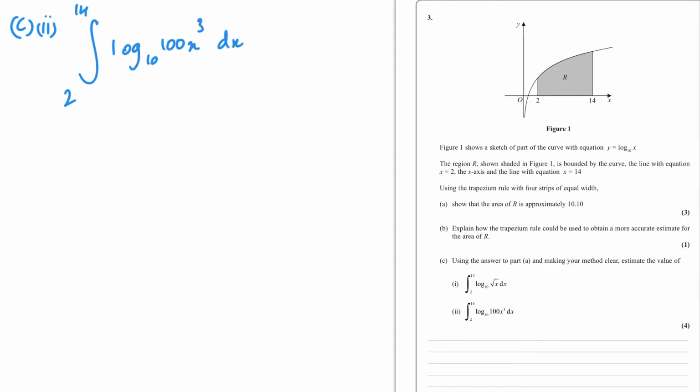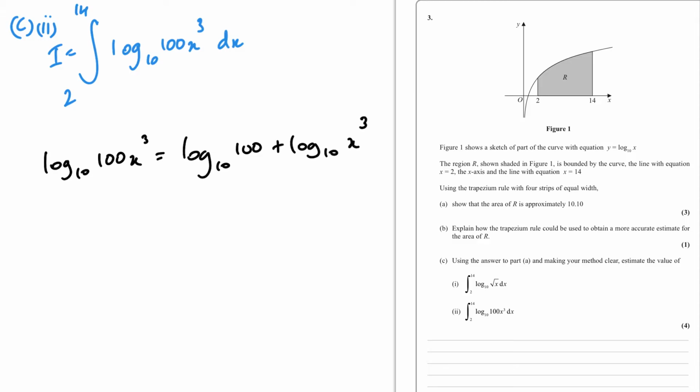and log of 100x cubed to the base 10. Now what I'm going to do this time is I'm just going to deal with that log separately, so I don't really want to write the integral out every time. So let's have a little look. So log 10 of 100x cubed, this is log 10 of 100 plus log of x cubed to the base 10.